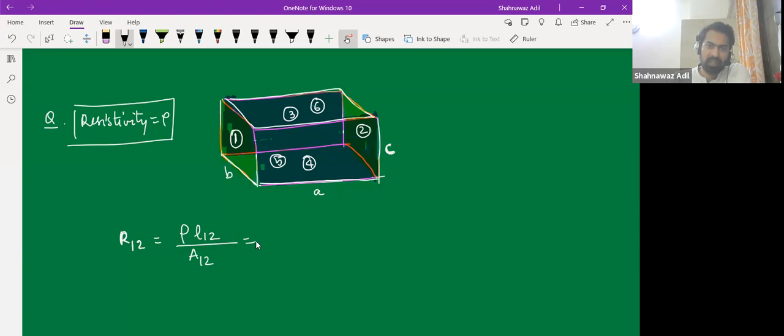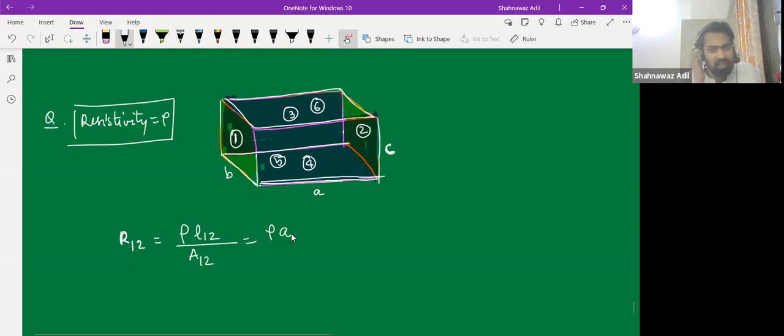Is this part clear? Yes. So you guys tell me, what is the length from 1 to 2? From here to here we are going, right?